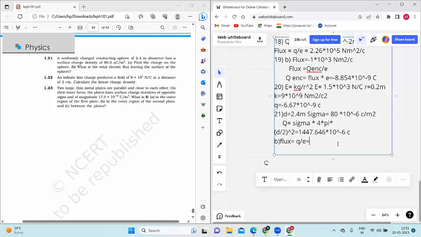By substituting the value of epsilon naught, which is 0.825 into 10 power minus 12, and the value of Q, 1.447 into 10 power minus 6 coulomb, we will get the value of flux as 164 into 10 power 6 Newton meter square per coulomb.